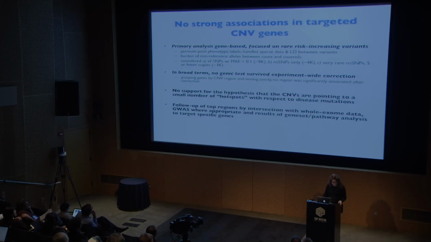And this is probably not surprising at all, given the fact that as the technology for looking at smaller and smaller CNVs has evolved, we have not picked up more CNVs that are causing schizophrenia, even though the number of CNVs that are detected are much larger, probably suggesting that you really need to knock out a substantial number of genes simultaneously to produce these kind of complex brain phenotypes.